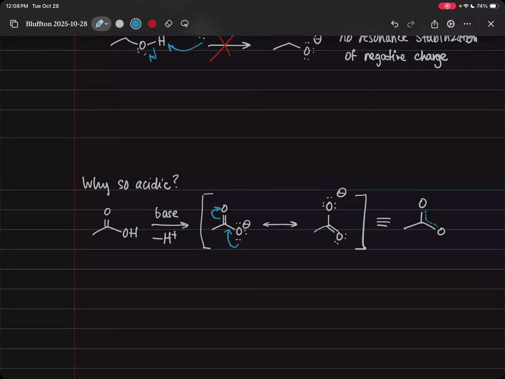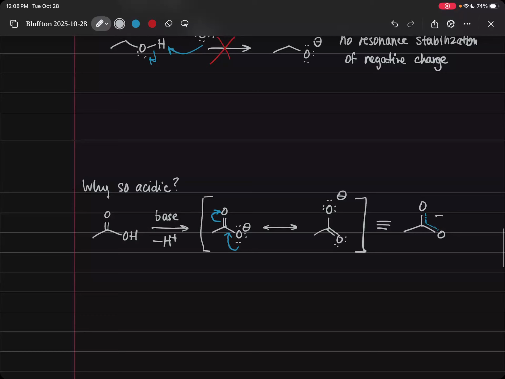That dotted line shows that both of these bonds to the oxygen have some double bond character and some single bond character. And then to indicate the charge, well, the charge is sort of on the top oxygen and sort of on the bottom oxygen, so we just draw it out here in the middle of nowhere. You couldn't draw a mechanism with that representation, but it does show you that the deprotonated form of a carboxylic acid really has the negative charge spread over a wide area.